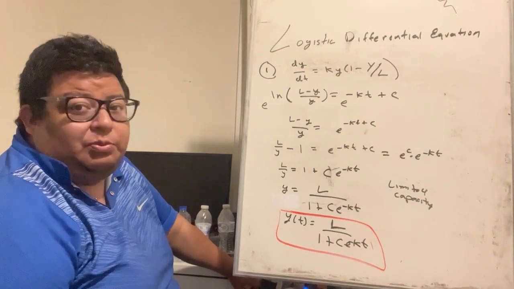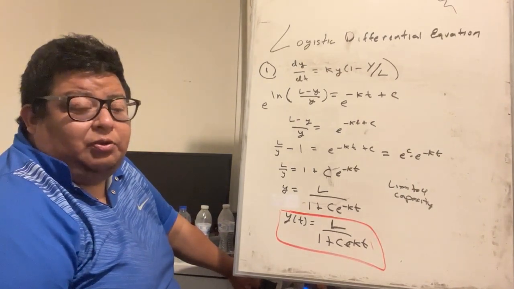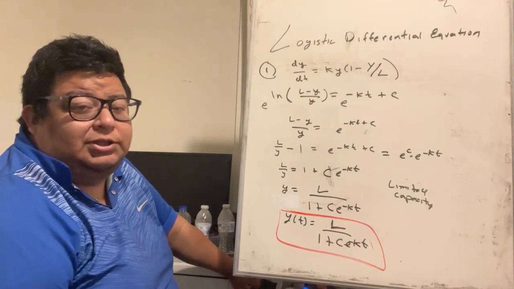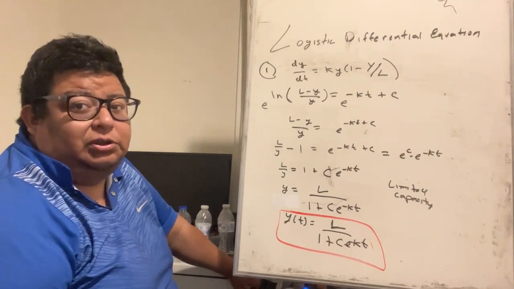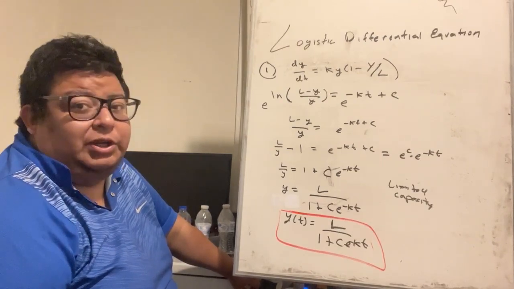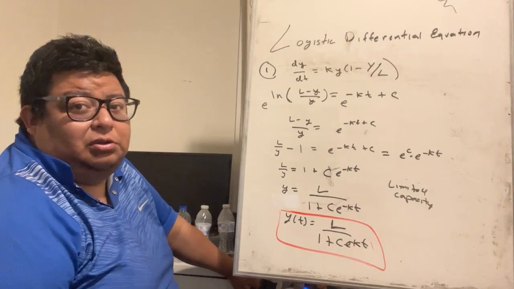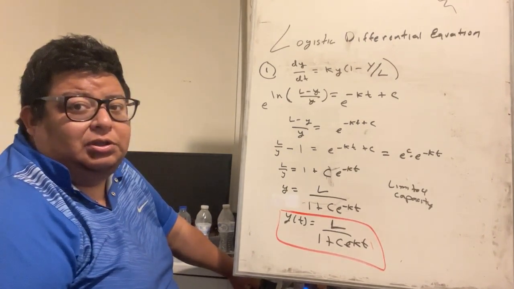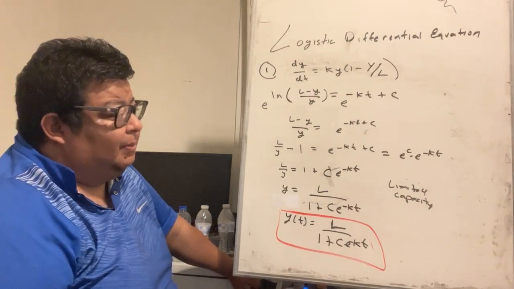So these models may be more convenient for certain scenarios, like bacteria growth, where you have limited growth, or population growth, or anything that requires limited capacity.